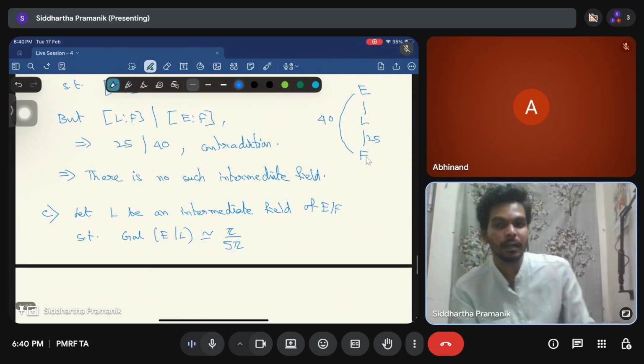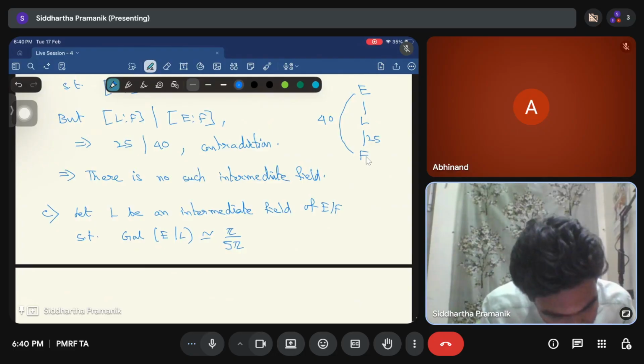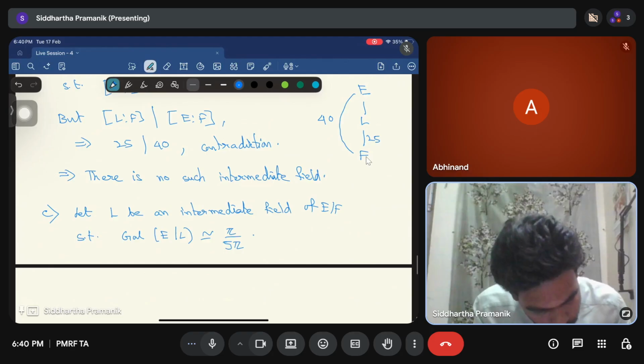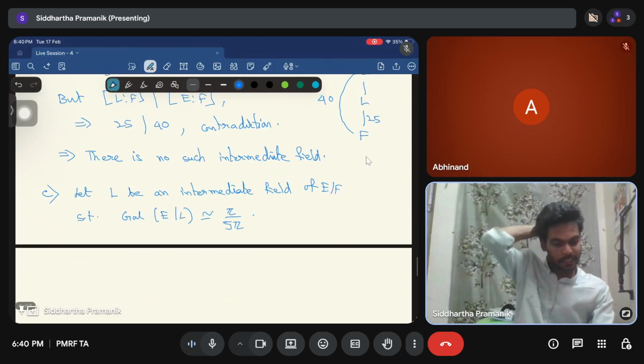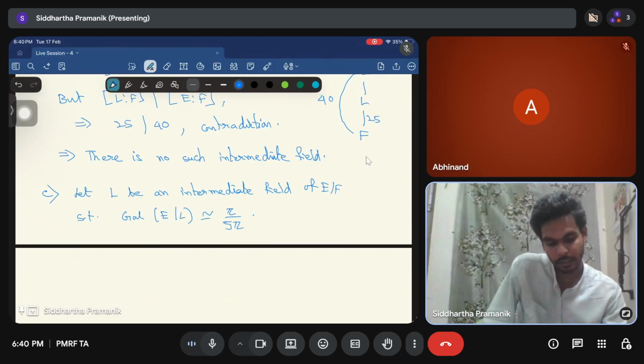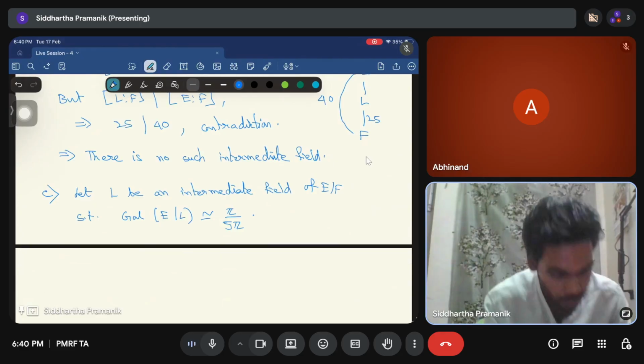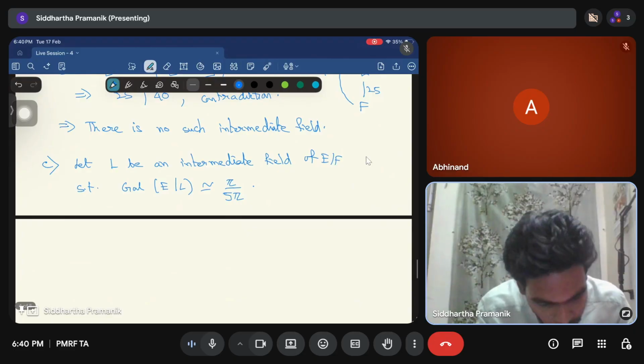We need to find the number of such intermediate fields. By the fundamental theorem, we need to find the total number of subgroups of order 5, exactly as we have done in the first case.